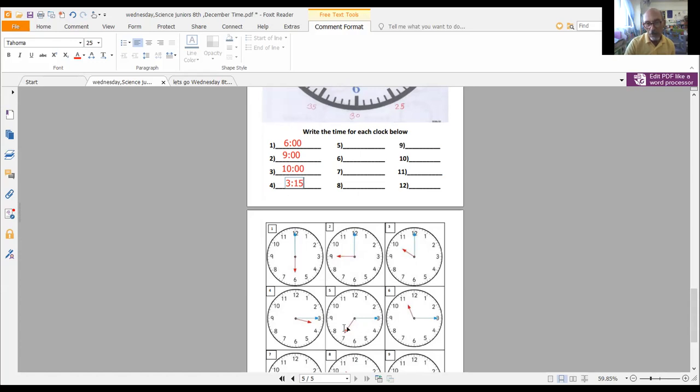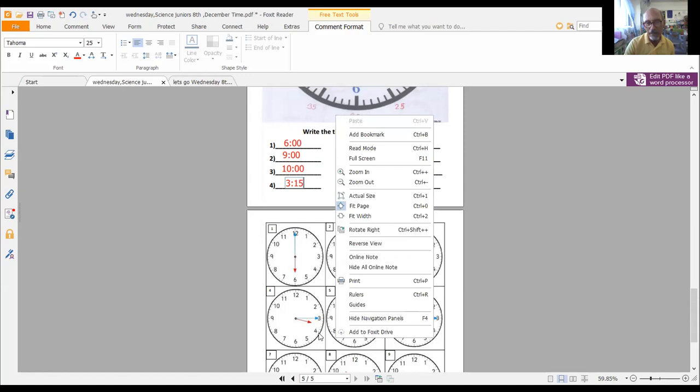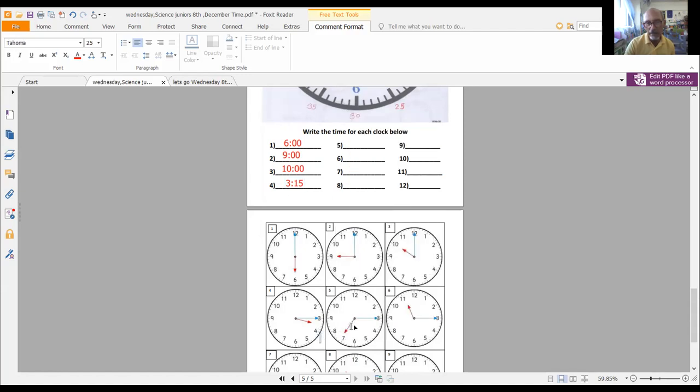Now, we know that the hour hand is past the 7, but not quite to the 8. Okay, not quite to the 8 yet. So the time on that clock would be what? If you were going to write the time on that clock, what would that time be? Do you know?